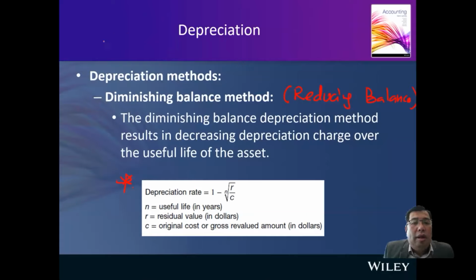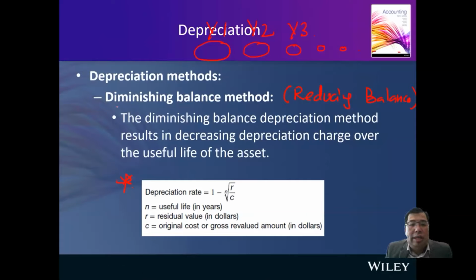For the straight line method, this is your year 1, year 2, year 3, for example, the amount of depreciation is equal. What I mean by equal is they have the same amount, 10,000, 10,000 for every full year. But for depreciation using the diminishing balance method, the amount of depreciation is higher in the first year, reduces in the second year, reduces in the third year, and reduces in the fourth year, reduces in the fifth year, and continues.